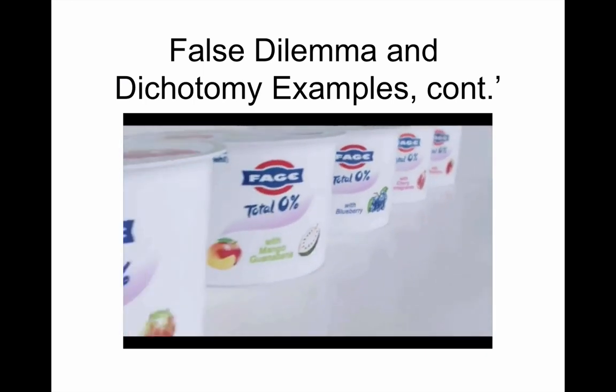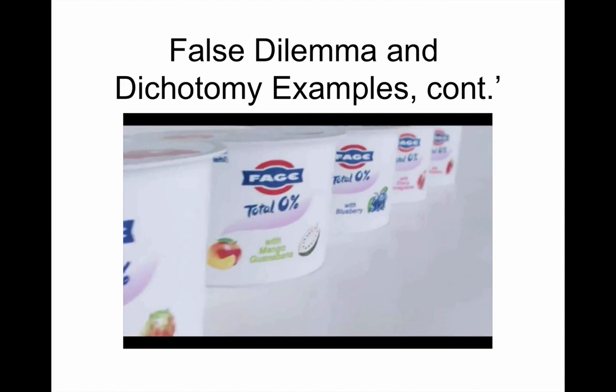So this commercial is interesting because technically we get what are called two existential claims. Some people who have tried Fage yogurt and loved it, and some people who haven't tried it.